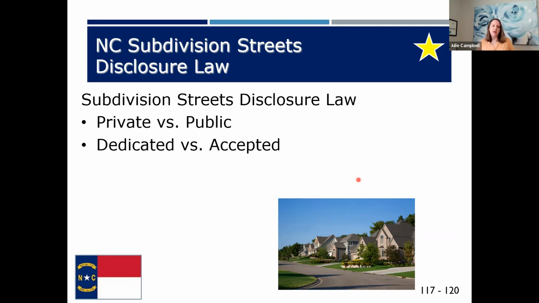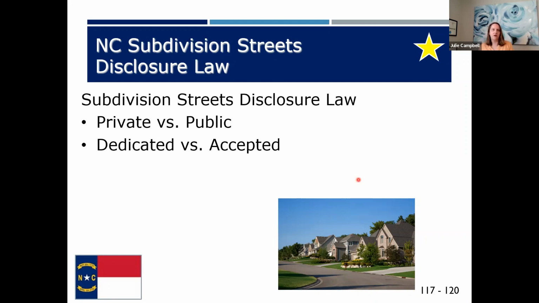And so with creating subdivisions comes the creation of streets. All streets have to be dedicated to the North Carolina Department of Transportation. That's part of the developer's building phase process, if you will. They have to submit the street request to the North Carolina Department of Transportation.